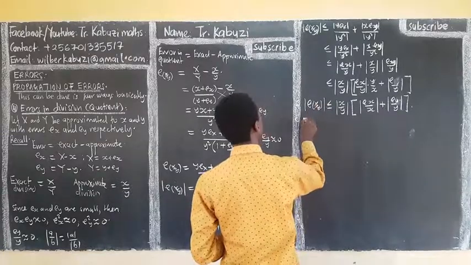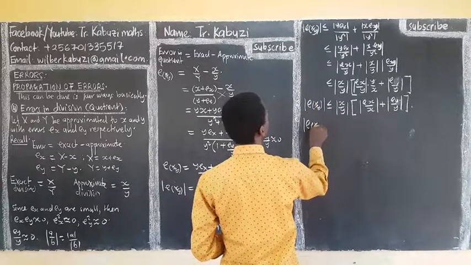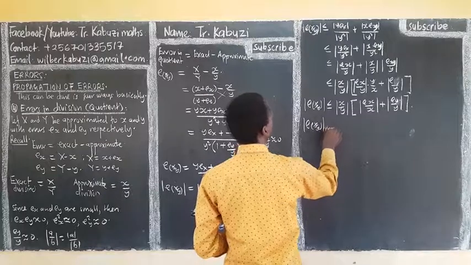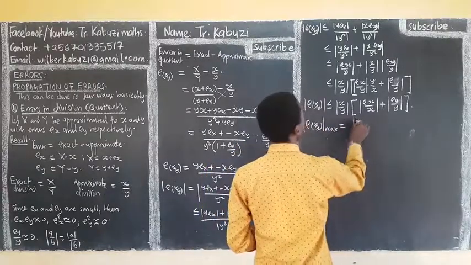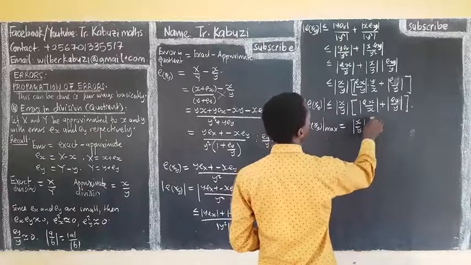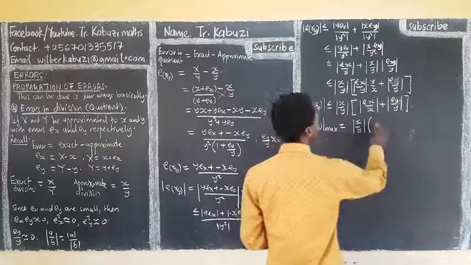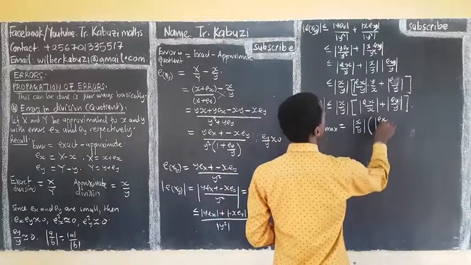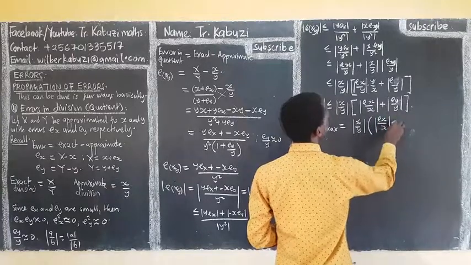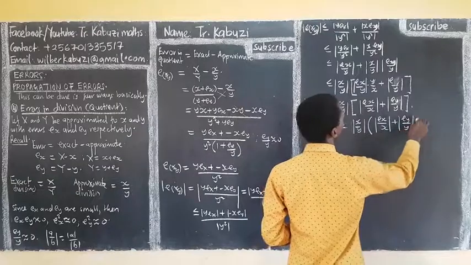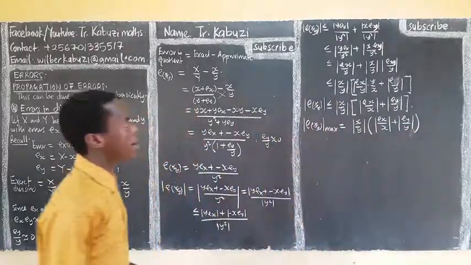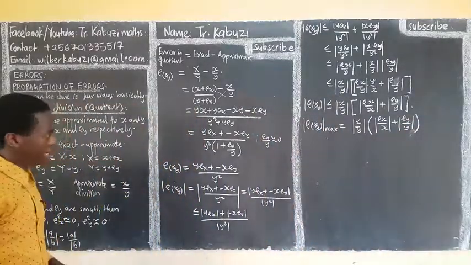And so if you want now the maximum error of X over Y, that's going to be equal to X over Y, in brackets, Ex over X plus Ey over Y, then we close our brackets there.